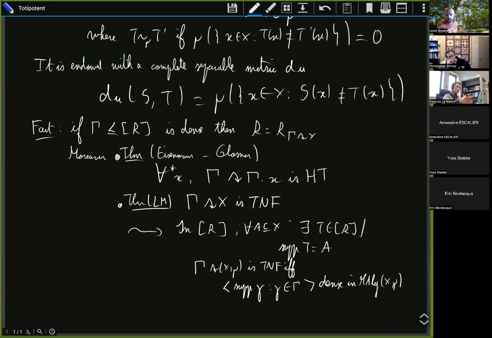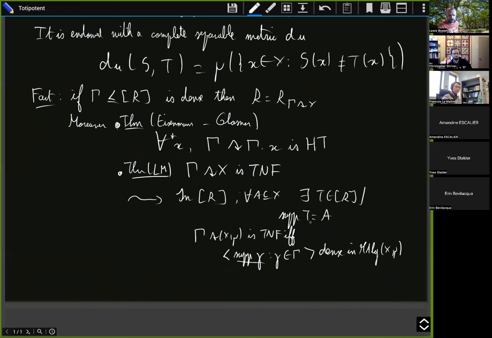When you pull back the clopen set, which says gamma belongs to this specific subgroup, you get exactly the support of gamma. Yeah, I see. Great.